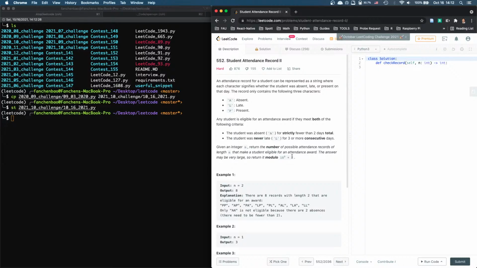Now it's just playing around with late. Oh, hold on. AL and LA, that also works.